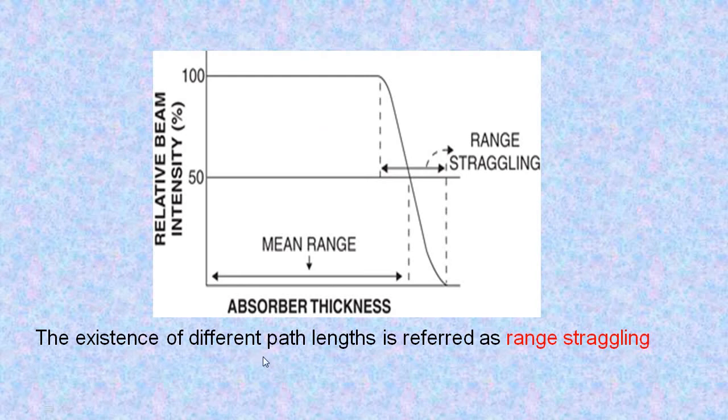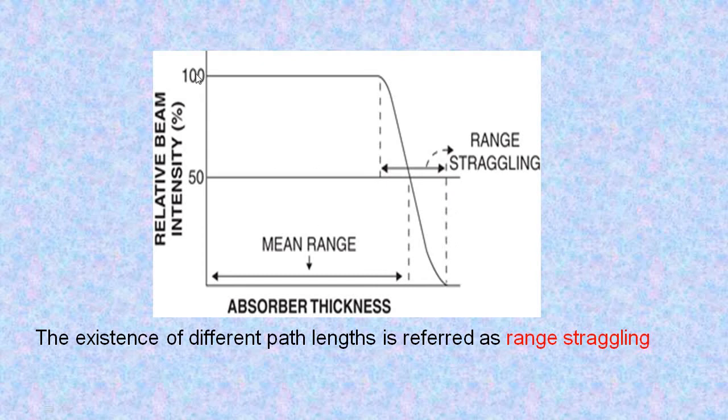And the existence of different path lengths is referred to as range straggling. We have already mentioned that here you have a larger number of particles and here fewer particles.